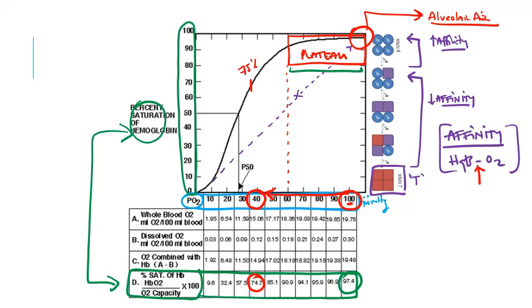And this number is important because 40 millimeters of mercury represents the partial pressure of oxygen in most resting peripheral tissues. And this area here, which I'm going to block off, like so, is called the steep section, or the steep region.